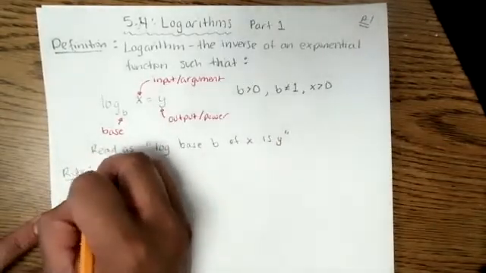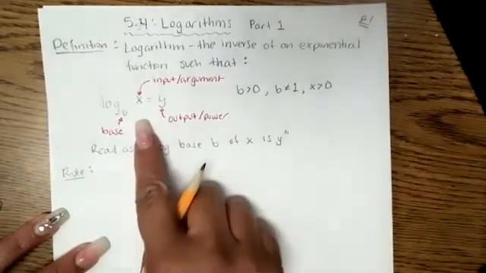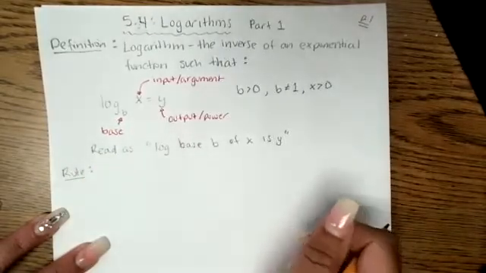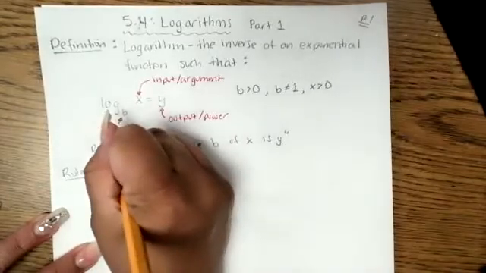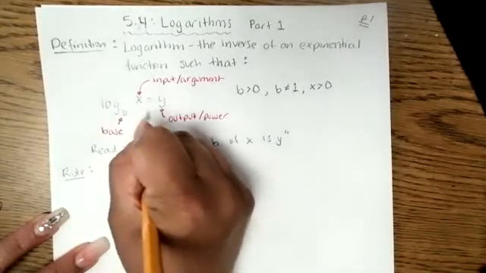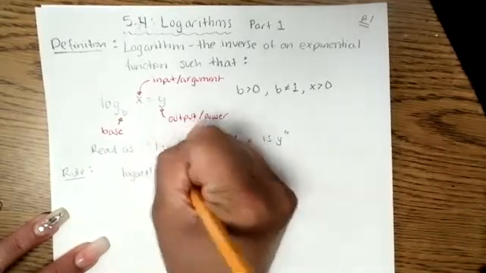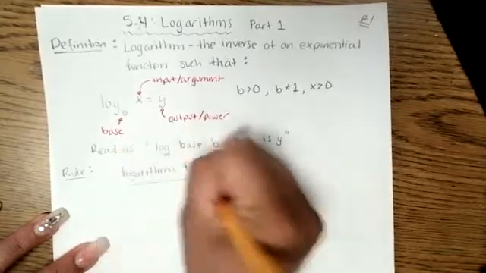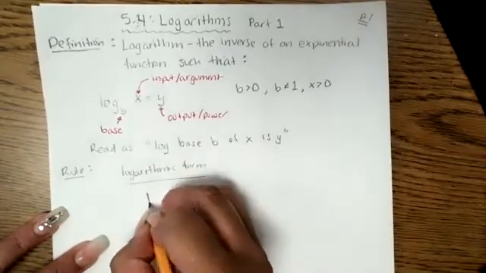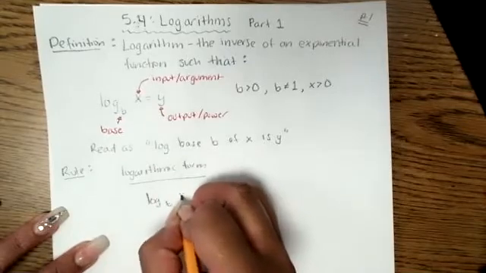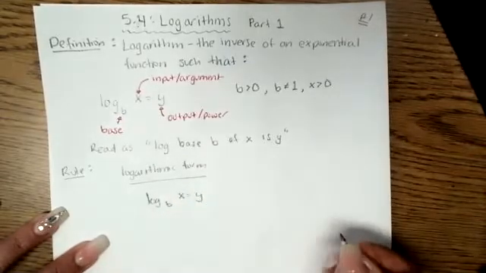Now this is the rule, because we're going to learn how to switch it from logarithmic form to exponential form. So here's the logarithmic form. It's going to be log base b of x equals y.